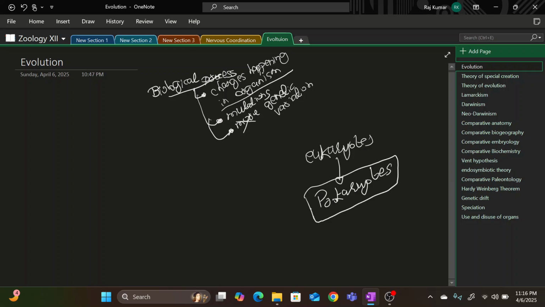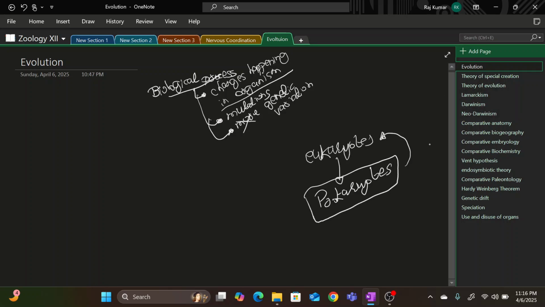These changes are supposed to be done by multiple procedures, which you're going to study, of course. But we have come to know that eukaryotes evolved from prokaryotes through evolution.